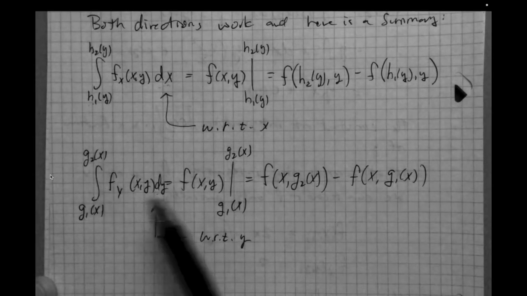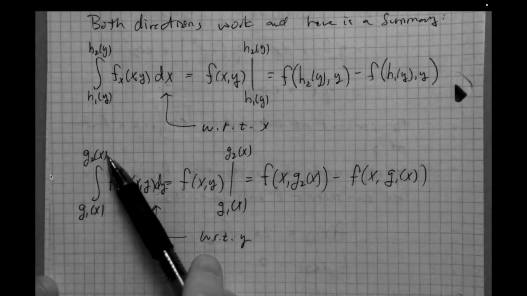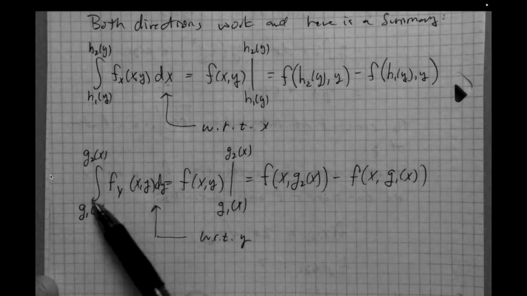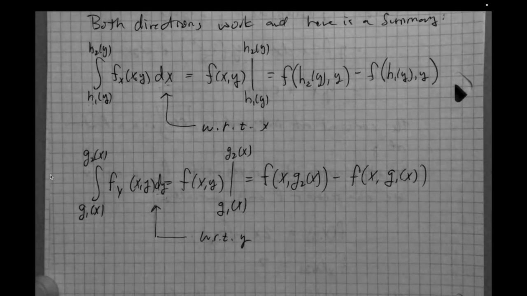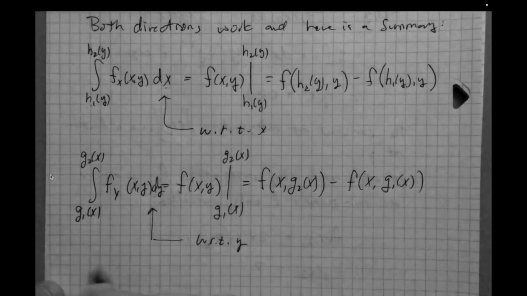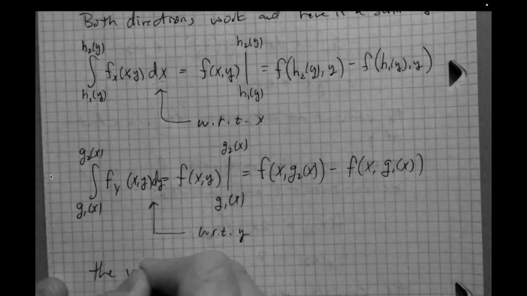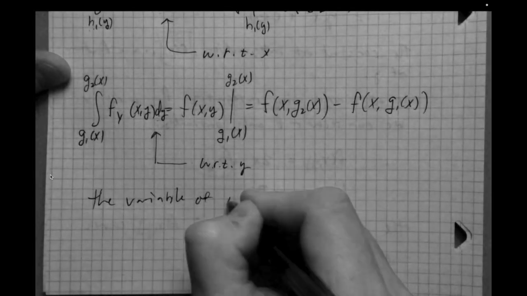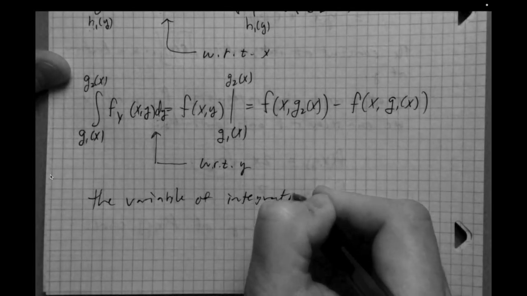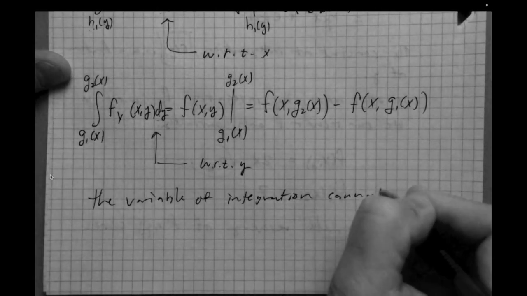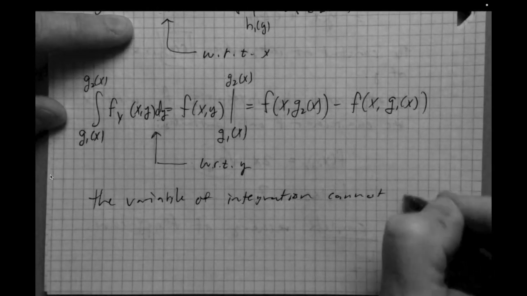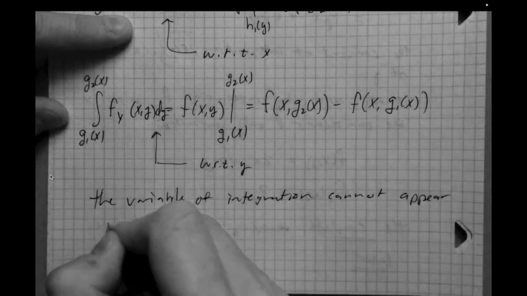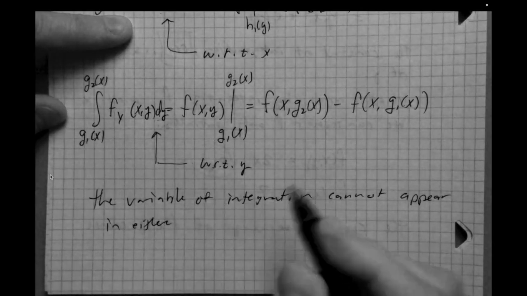If you're integrating with respect to y, it doesn't make sense to have a function of y as your limits. So the variable of integration cannot appear in either limit.